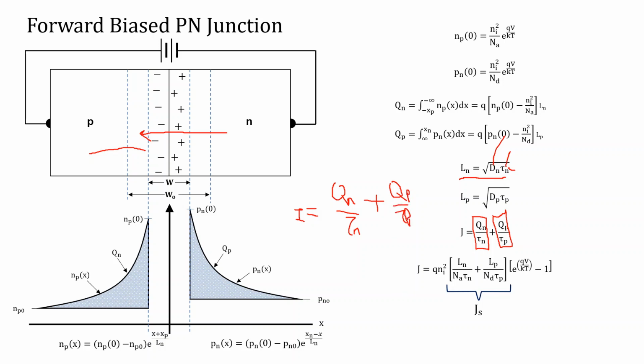But here, as we have said earlier, Qn is charge per unit area. So if you divide both sides by area, then you get current density J. So this thing actually is written here as Qn. So probably I should have used a different symbol than Qn, but this Qn here is charge per unit area.